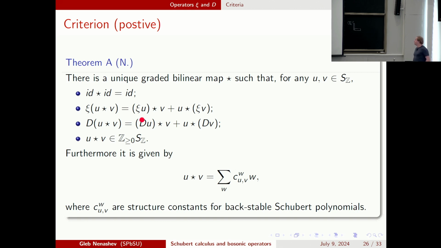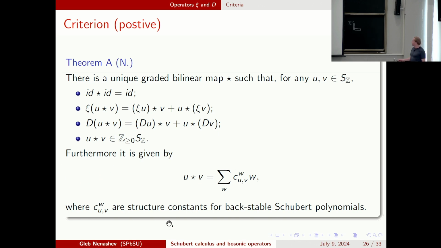integers, then there is a unique such graded bilinear map, and it's exactly the structure constants for Schubert polynomials, for backstable Schubert polynomials. But instead of this condition, you can write almost anything.